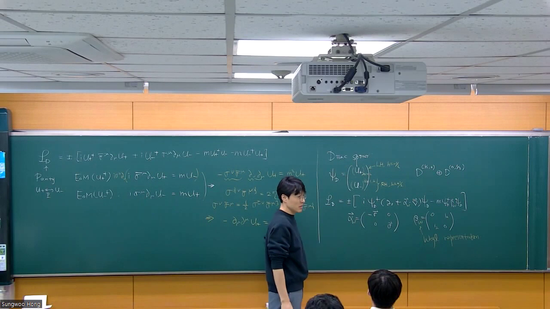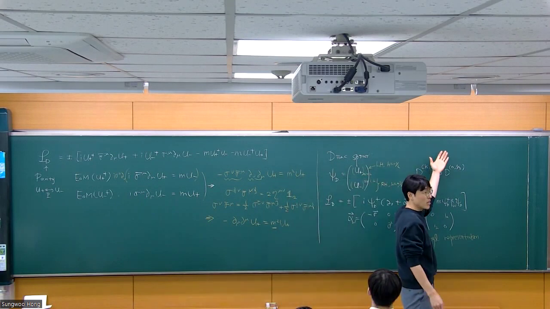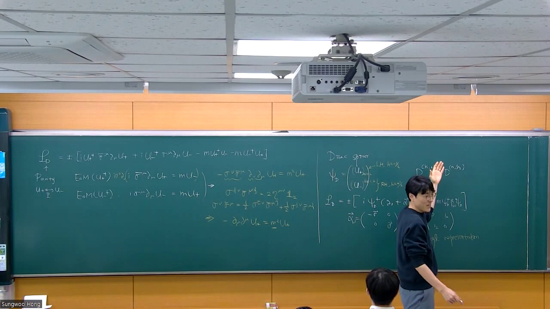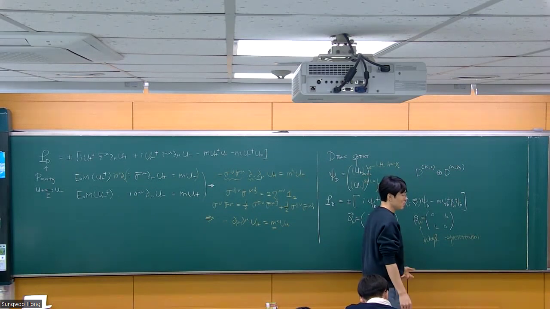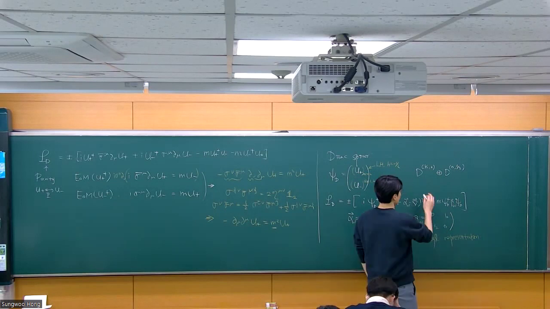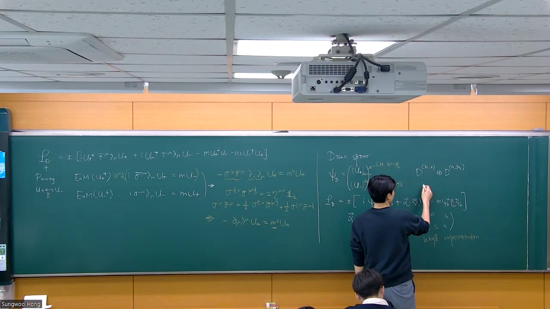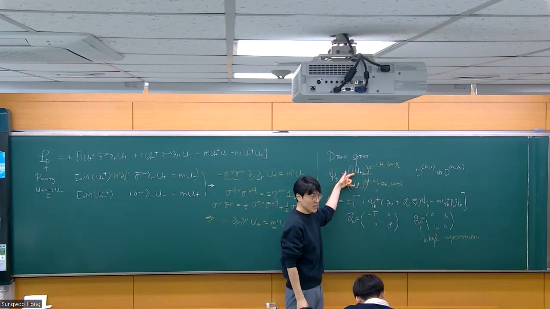Yes. Is this a unique representation of this group or not? So this is already a representation of the Lorentz group, and your question can be, if I want to have a spin half representation, is this a unique option? This is a dimension 4 representation.